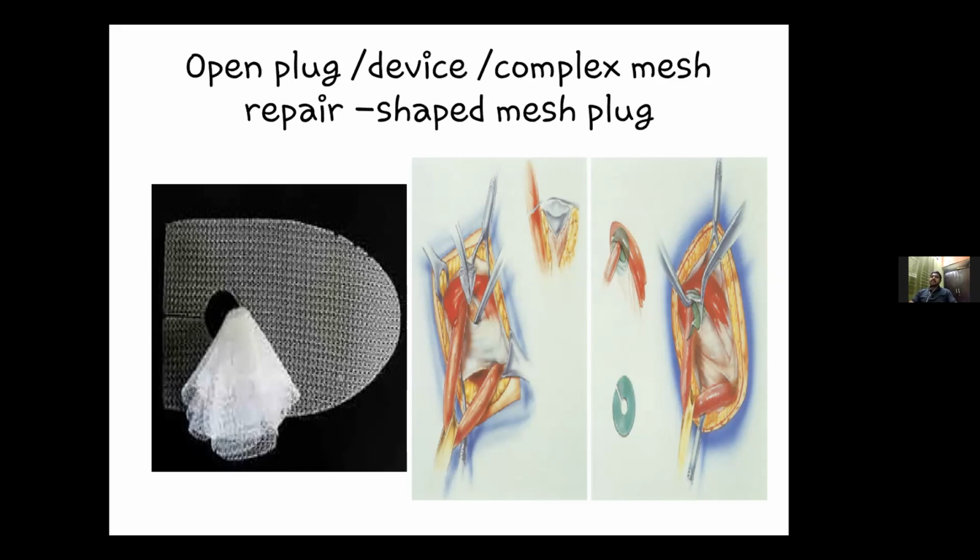There were other meshes also that have been innovated, which are placed in the pre-peritoneal space. The surgeon dissects a deep inguinal ring and goes beneath the muscle to enter the pre-peritoneal space to place this mesh.